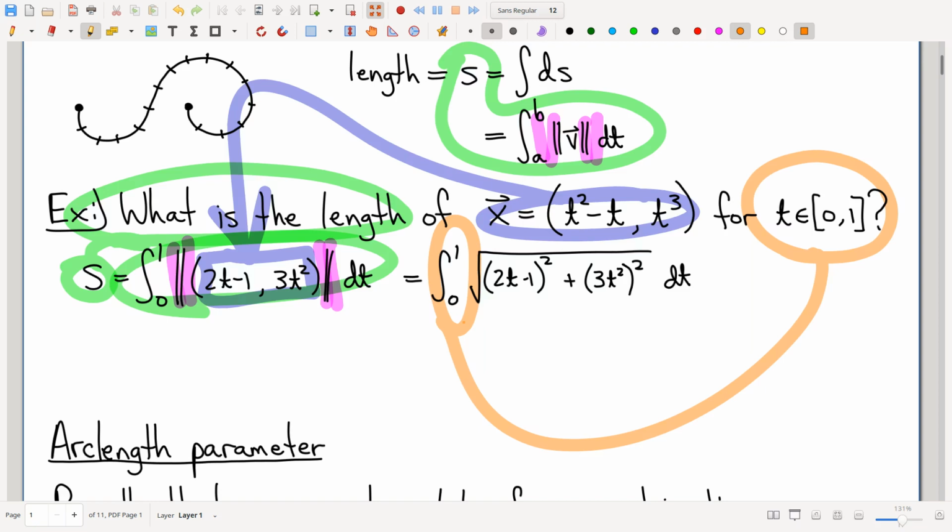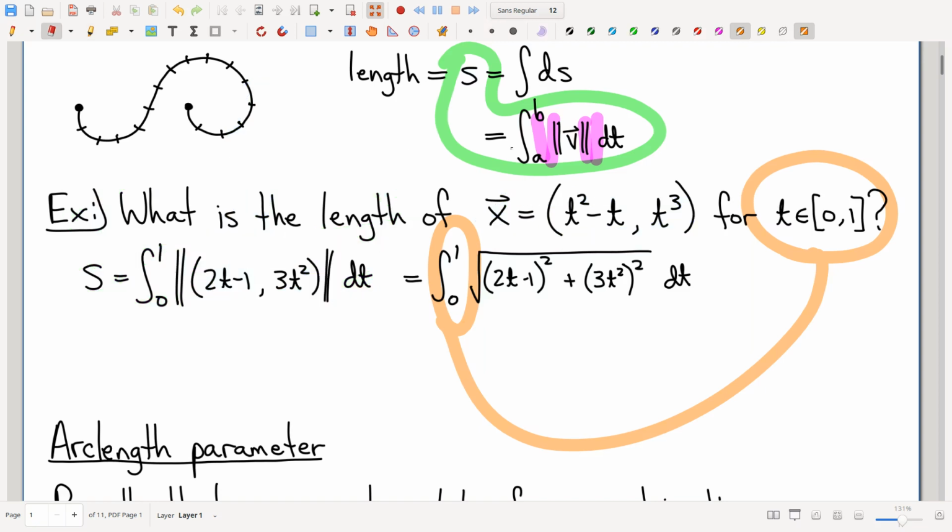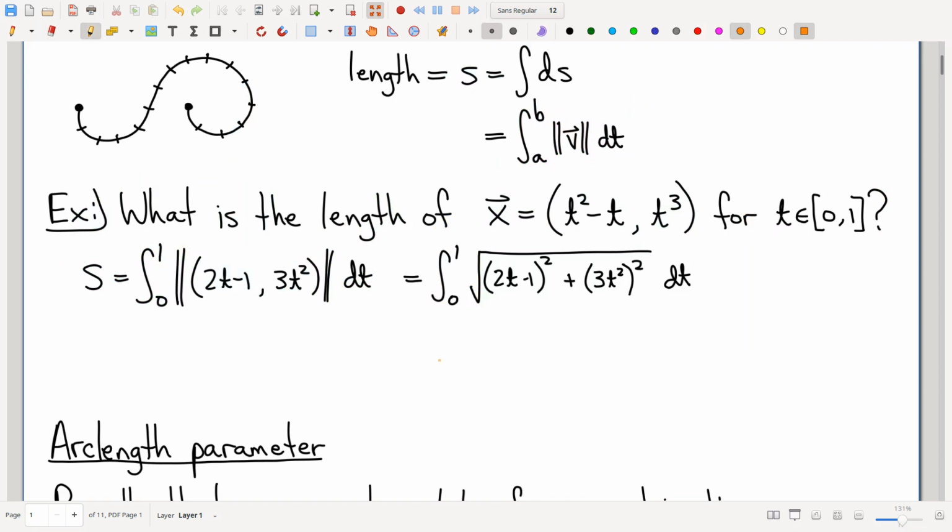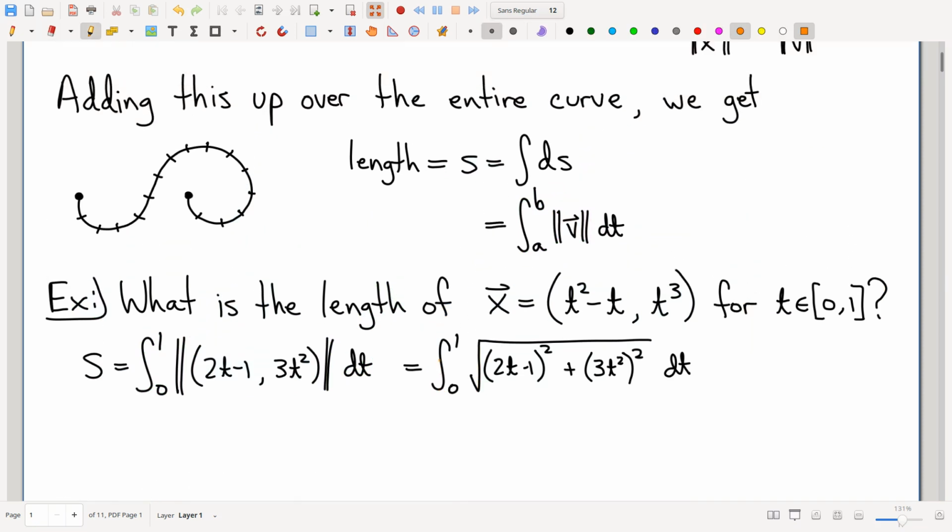So very often, you'll notice on my past exams, when I want to test this idea, instead of saying compute the length of the parametric curve, I'll say set up a single variable integral that would compute the length of the parametric curve. And there my intention is for you to get it down to this point right here. And then after that point, you just leave it. All right, everybody okay with this?